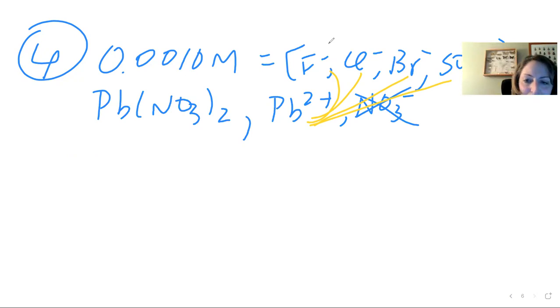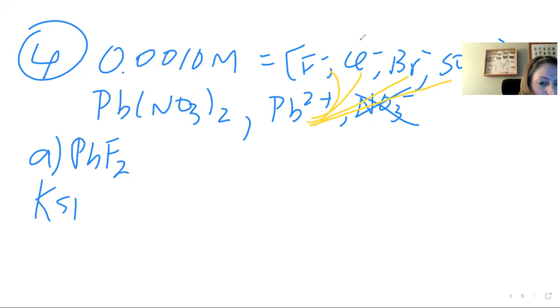Basically what that really means, if you want to solve that, the best way is you need to take each one of those. Like for instance, the first one, lead fluoride. We're going to set up the KSP expression. So KSP was given as 3.7 times 10 to the negative 8th.